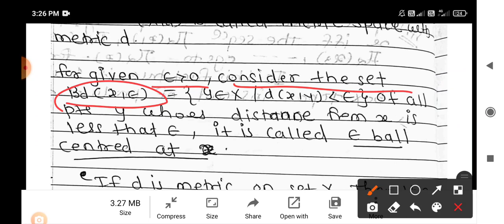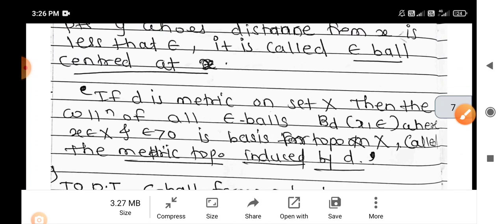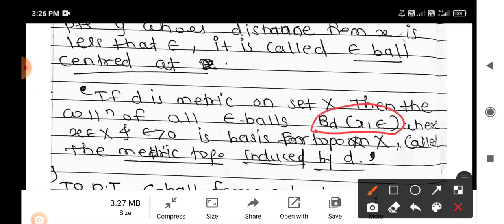It is the collection of all elements y belongs to X such that the distance between x and y is less than epsilon, that is the epsilon ball centered at x. So if d is a metric on set X, then the collection of all epsilon balls, where x belongs to X and epsilon greater than 0, forms a basis for a topology on X, which is called the metric topology induced by metric d.